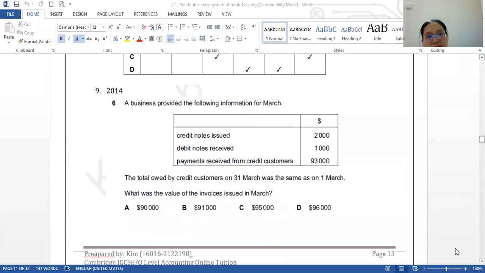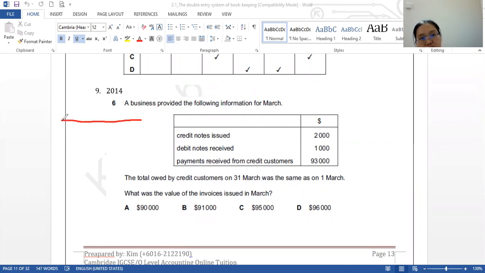Okay. Question 9. A business provided the following information for March. Credit notes issued 2,000. Debit note received 1,000. Payment received from credit customer. The total owed by the credit customer on 31st was the same as on 1st March.